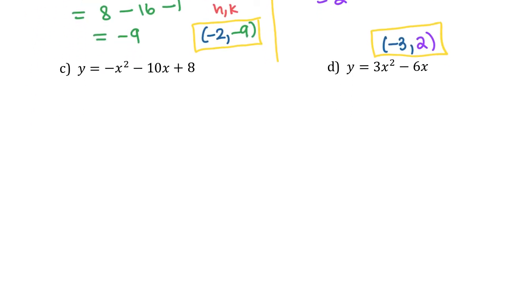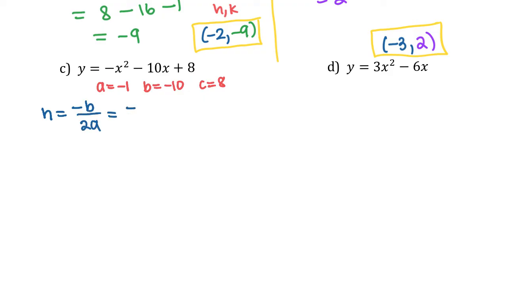These ones just have something that's a little bit different on it, but it's going to be the same style every single time. Okay, so first I'm going to identify a, b, and c. Let's see, a is, it's negative x squared, so -1. b is -10, and c is 8. I'm going to rewrite the formula. You don't have to write the formula every time, but you do need to plug it into the formula every time. -b over 2a.